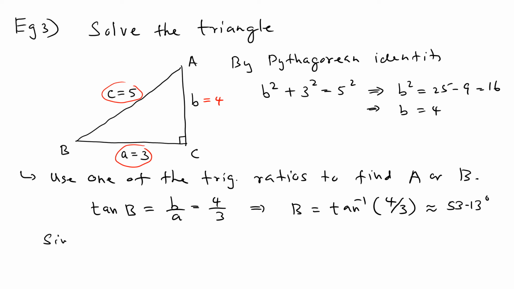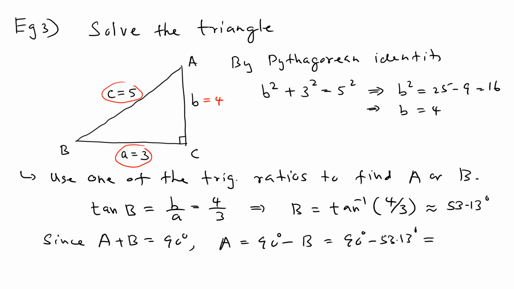Since A plus B is 90 degrees, A is 90 minus B, which is 90 minus 53.13, which is equal to 36.87.